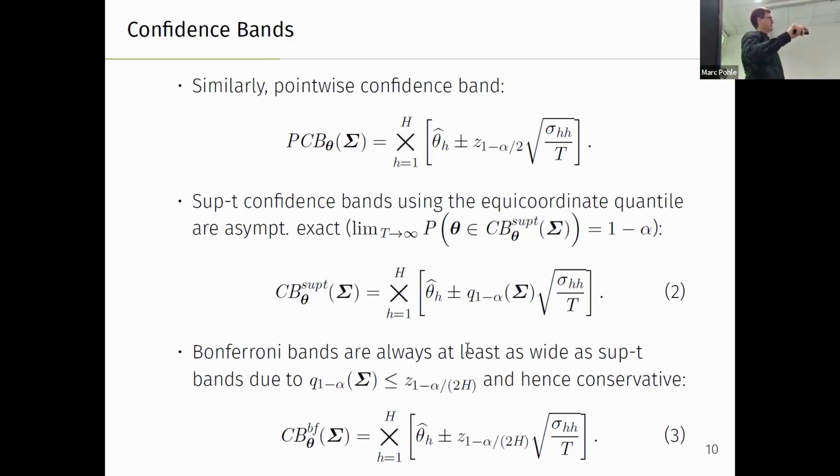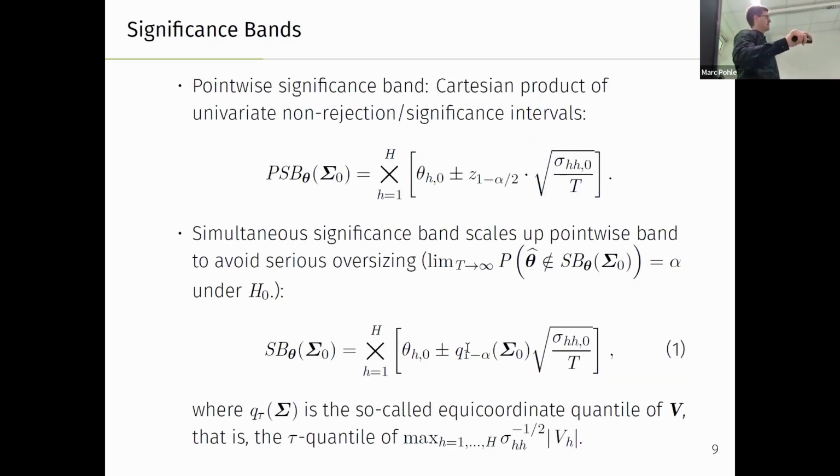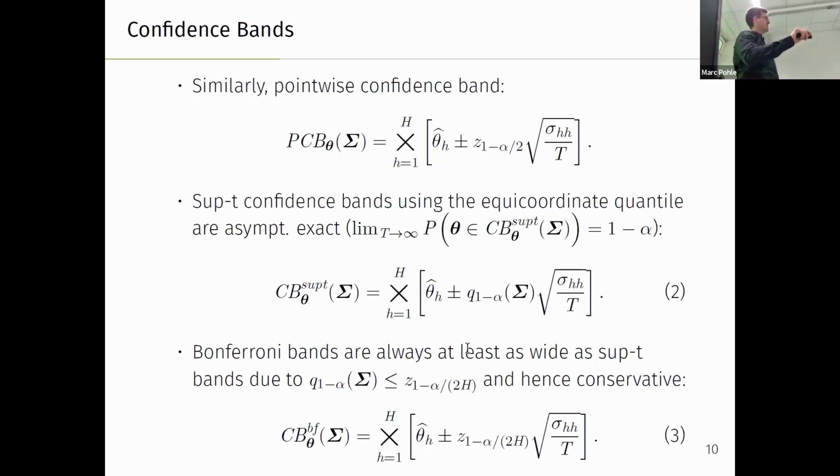So we correct this again with the equicoordinate quantile. We scale this standard normal quantile up to obtain a simultaneous confidence band, and that is called the sup-t confidence band, because here the t statistics show up.